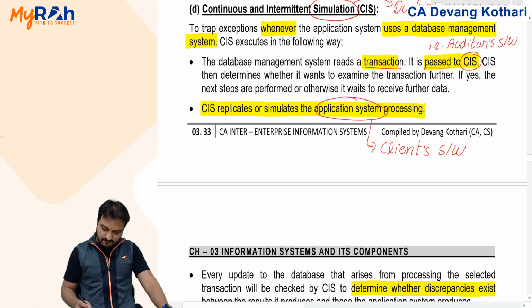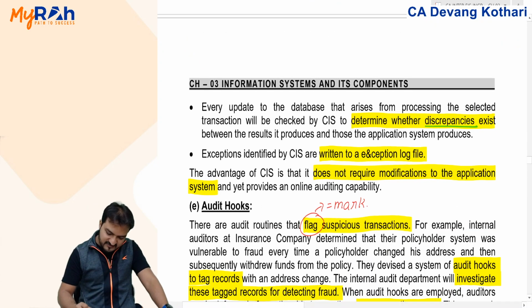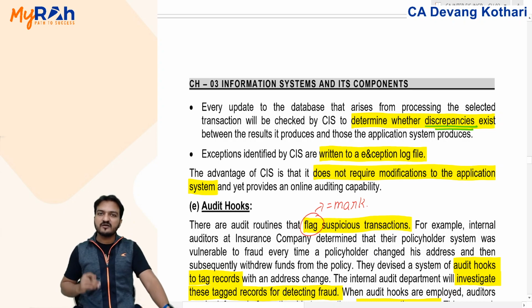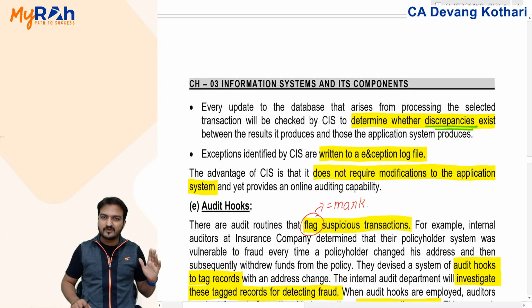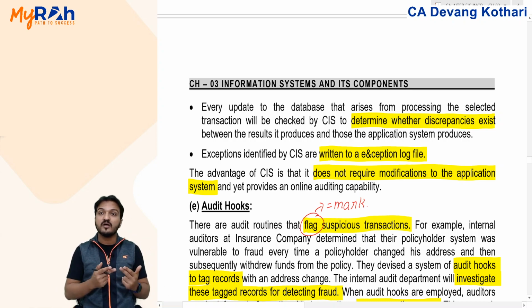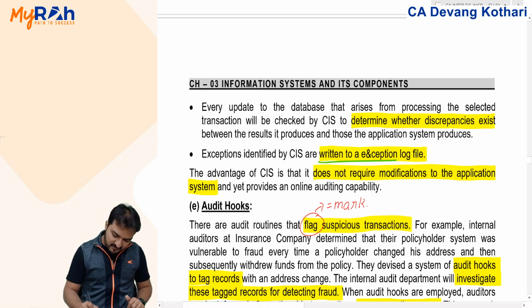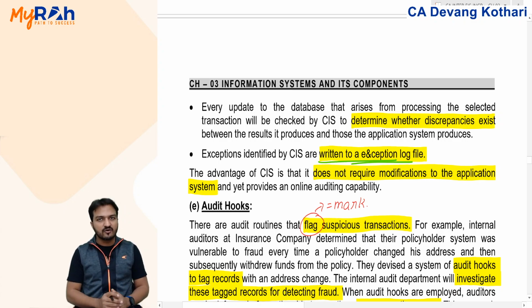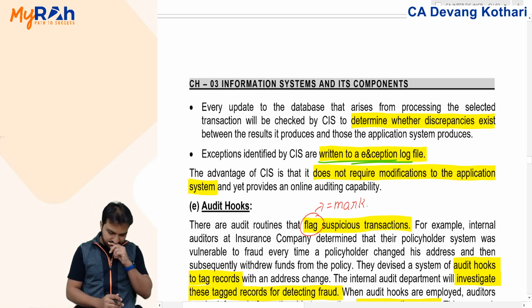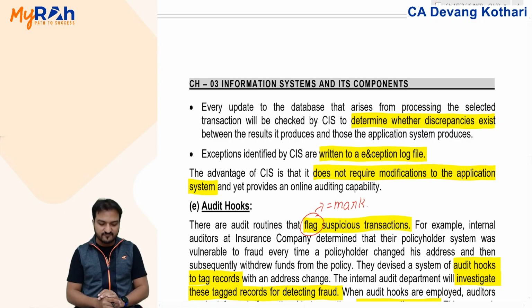If on comparison a discrepancy, a difference, exists, then it means that your software is wrong. I can find mistakes in your software by doing the same calculation in my software. Those discrepancies are written to a separate exception log file so that the auditor will come and check these files.